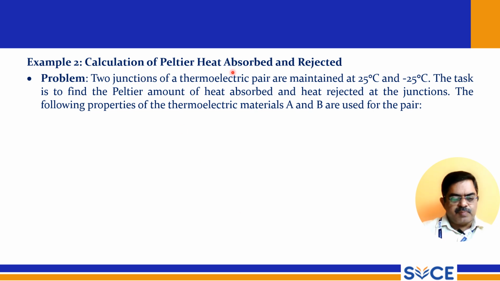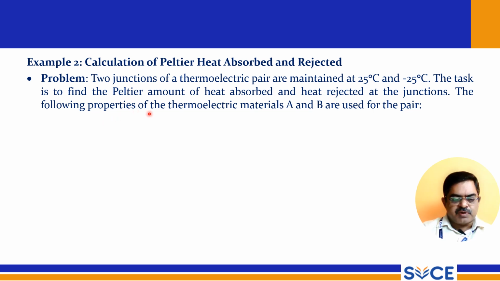So, calculation of Peltier heat absorbed and rejected. In this problem the statement is: two junctions of a thermoelectric pair are maintained at 25 degrees Celsius and minus 25 degrees Celsius. The task is to find the Peltier amount of heat absorbed and heat rejected at the junctions.